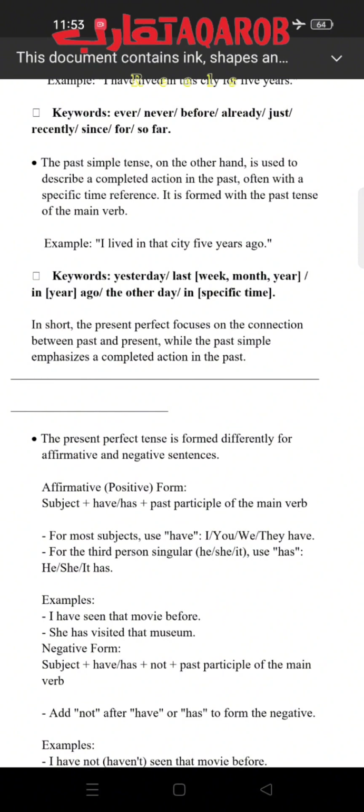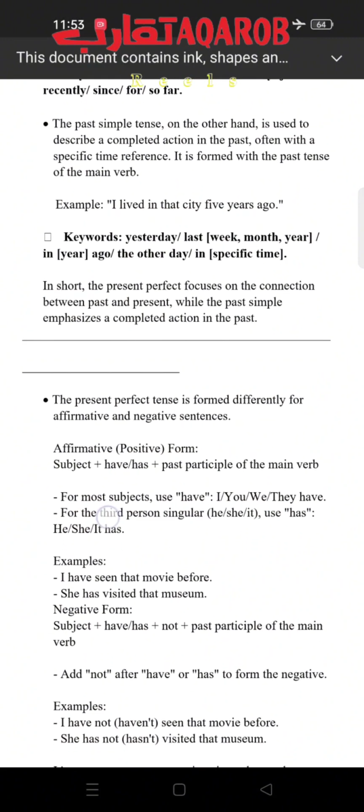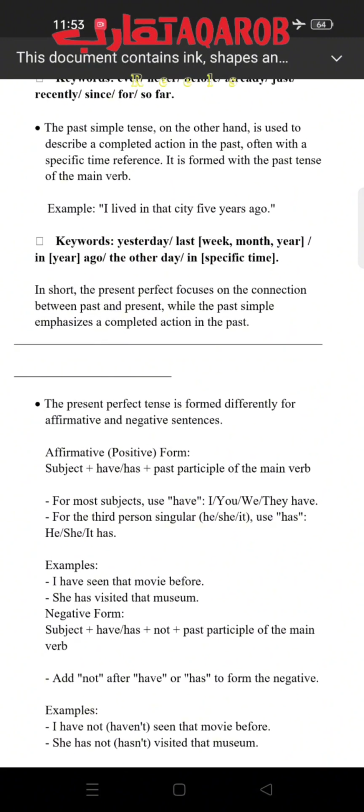Now, the past simple tense. The past simple tense, on the other hand, is used to describe a completed action in the past, often with a specific time reference. It is formed with the past tense of the main verb. For example, I lived in that city 5 years ago.